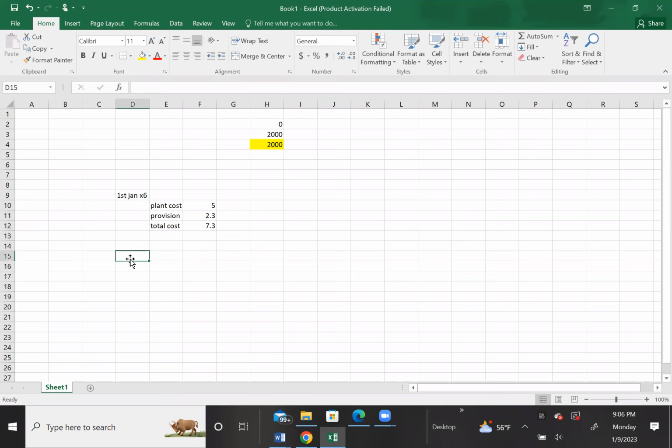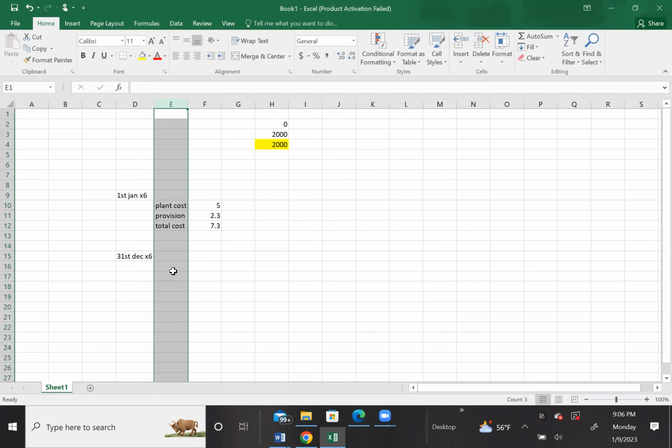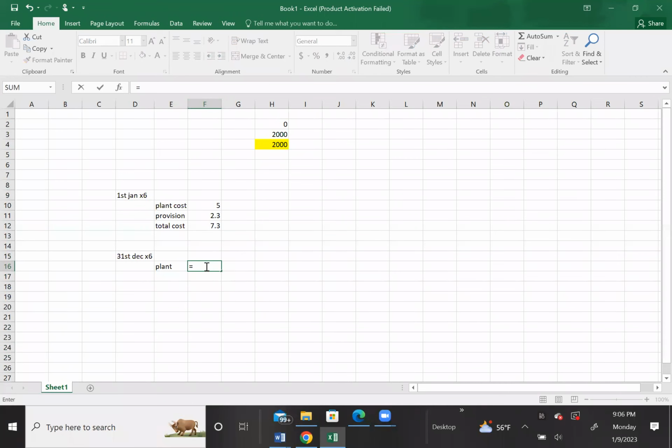And then at the year end, on 31st December X6, the plant carrying value will be equal to 7.3 minus depreciation, 7.3 divided by 3.